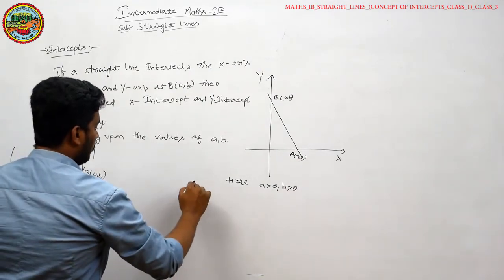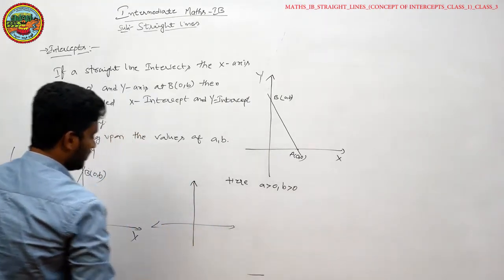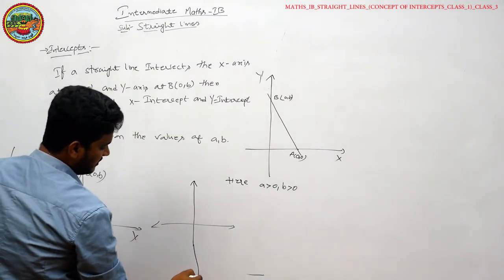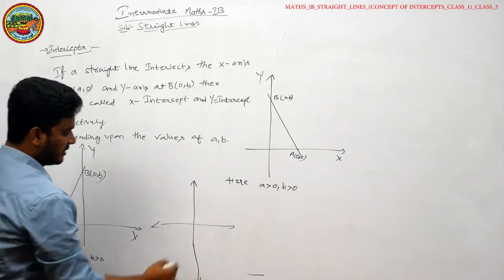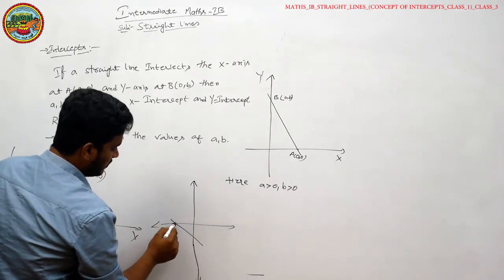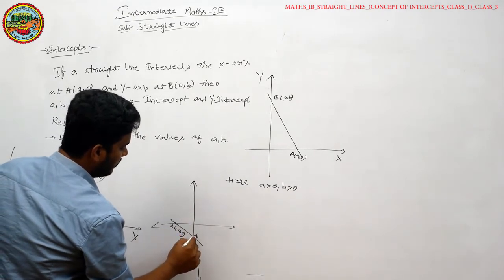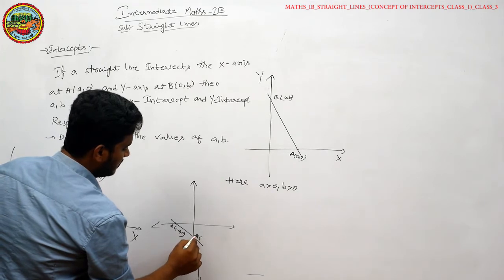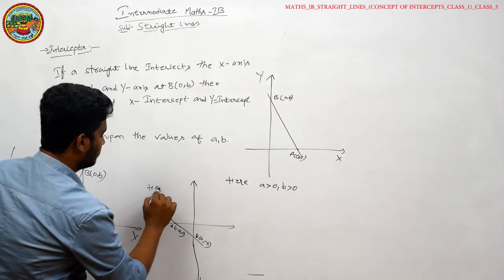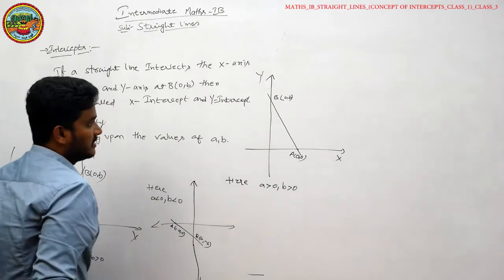Now suppose the line intersects the x-axis and y-axis like this. Here is the point A, minus A comma 0, and here is the point B, 0 comma minus B. So here A is less than 0 and B is also less than 0.